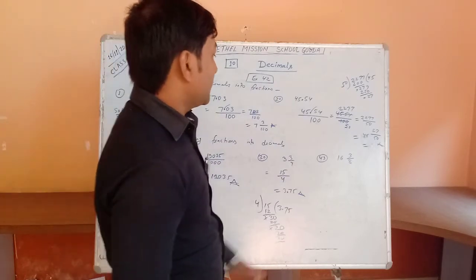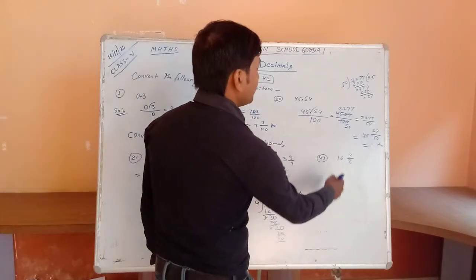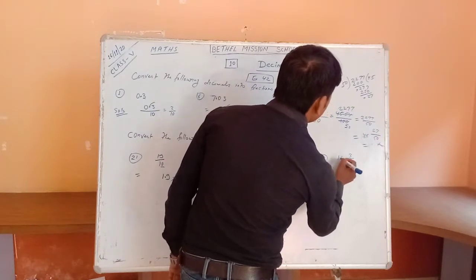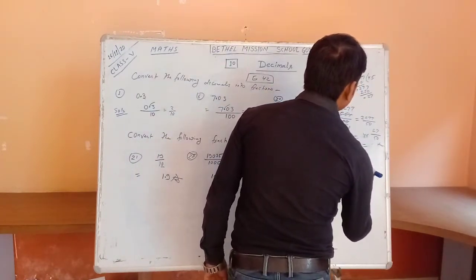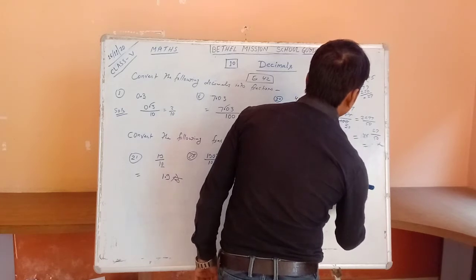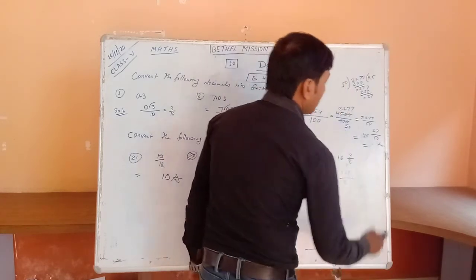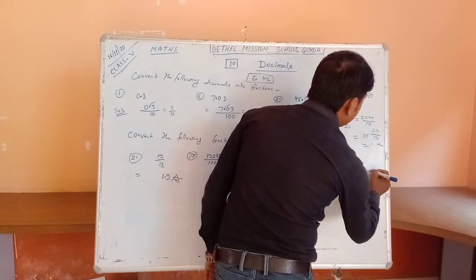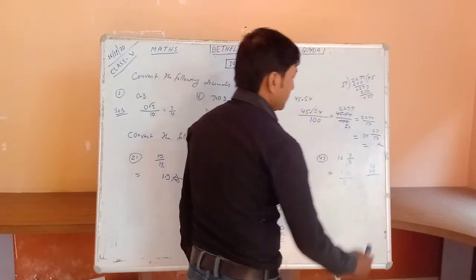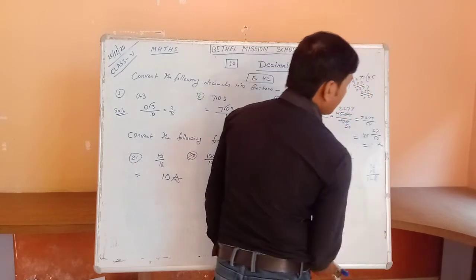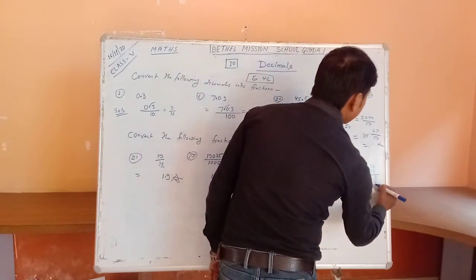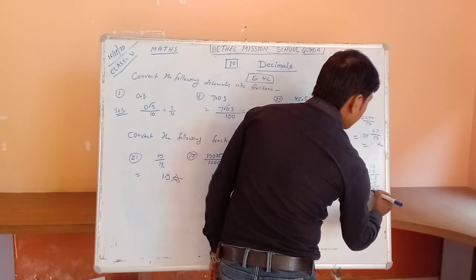And this question again you can solve. 16 times 8 is 128, plus 3 is 131. If you have a mixed fraction, then multiply 16 by 8, 128, and add 3, 131.